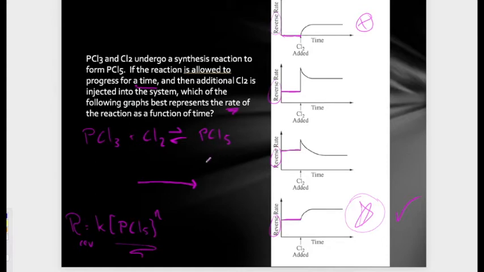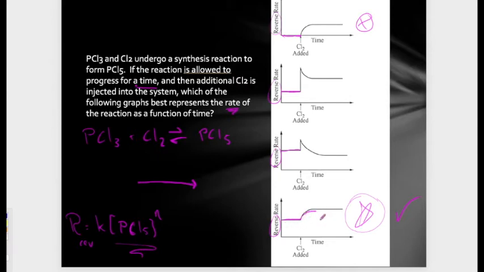And when I get more product, I know that the reverse rate, the rate of the reaction with respect to the product, has to increase, because as my system shifts to consume the excess Cl2 I just added, I make more product slowly. Slowly making more product is slowly going to increase the rate of the reverse reaction, just like that.